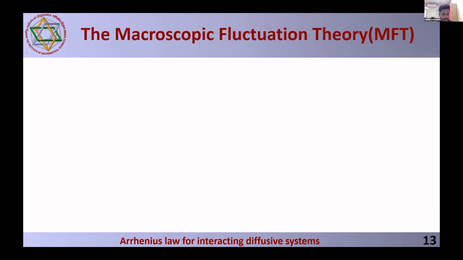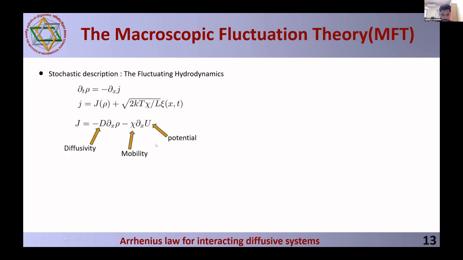And in this slide, I will be describing in brief what macroscopic fluctuation theory is. The two models that I described can be described by fluctuating hydrodynamics, which consists of a continuity equation in the density and current of the system, and the current has two terms.